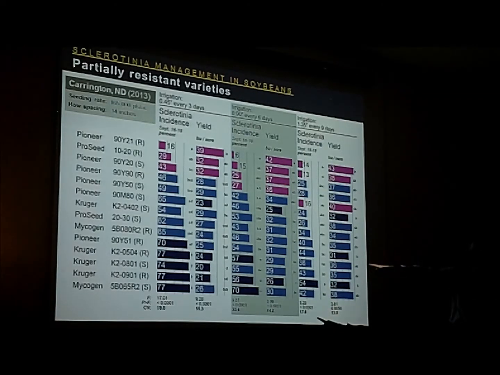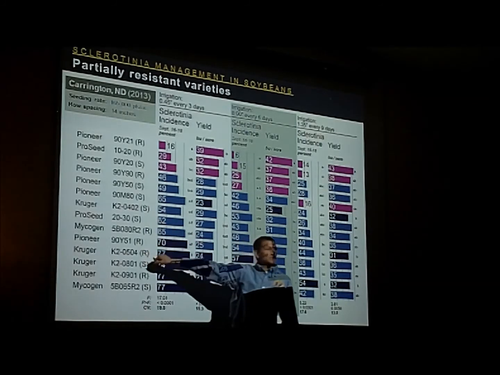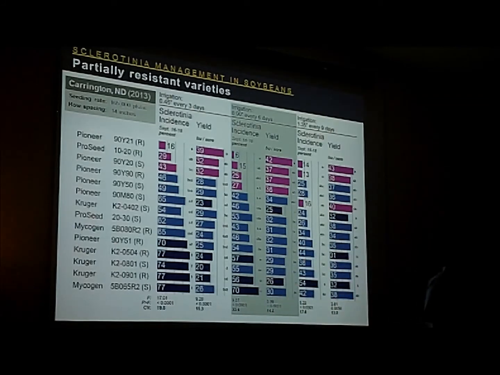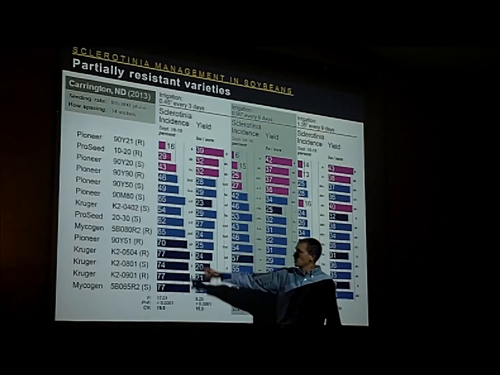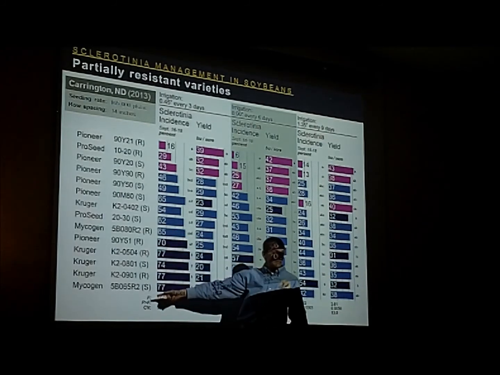As we move down, though, you'll see that some of these don't perform according to the ratings. This Kruger 0402 susceptible consistently performs better than 0504, and that was true the previous year as well. And in other cases, we don't see much of a difference at all. These Mycogen varieties are very similar in their performance, even though they're rated differently.